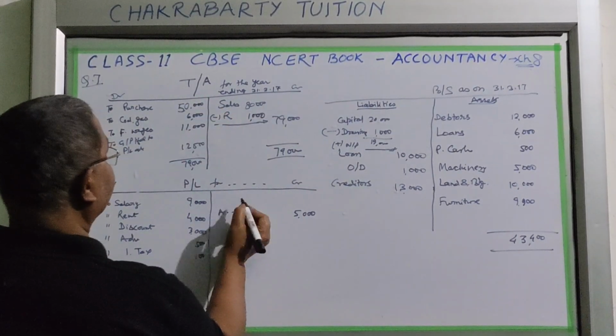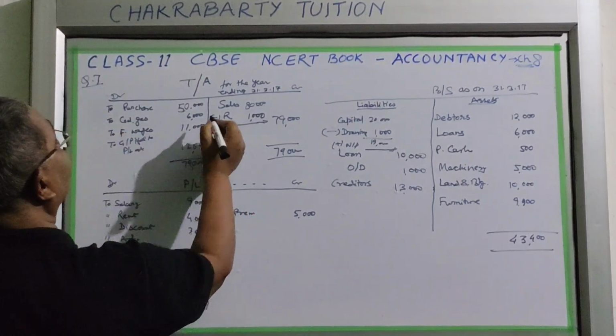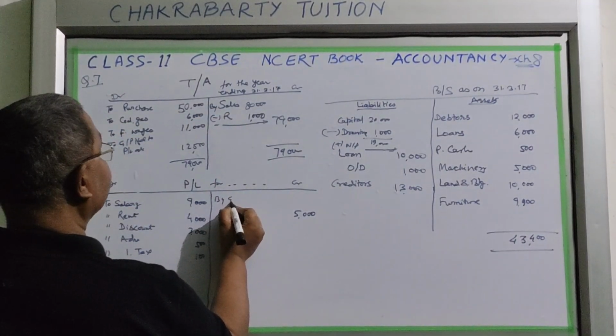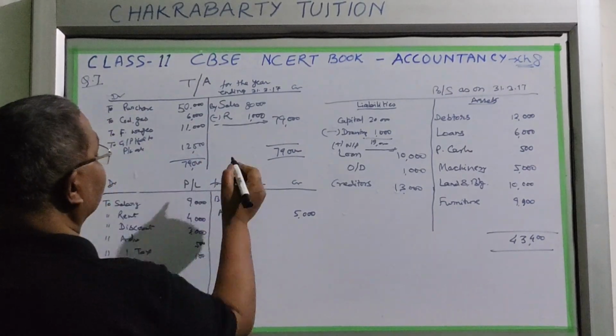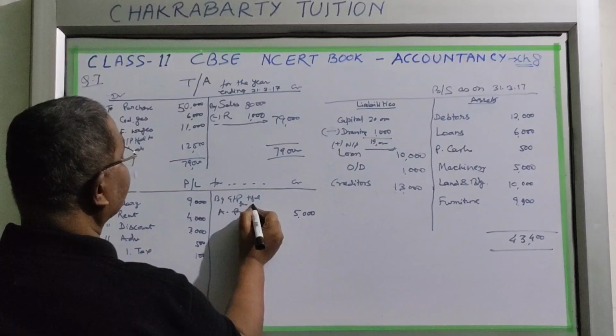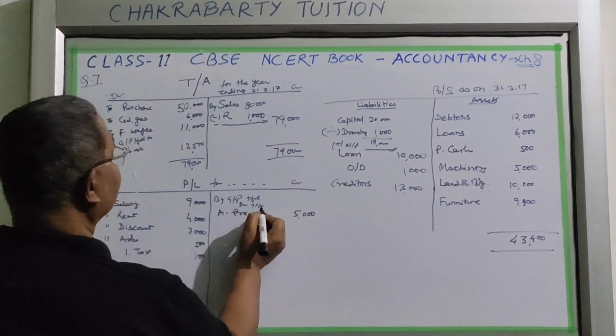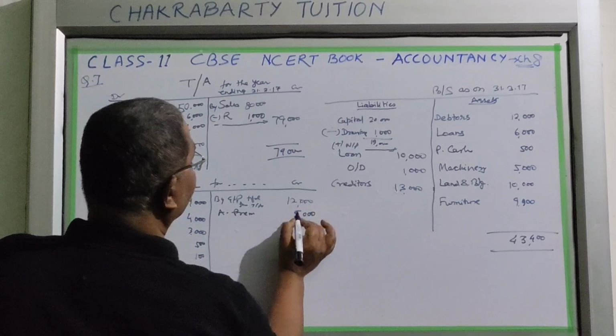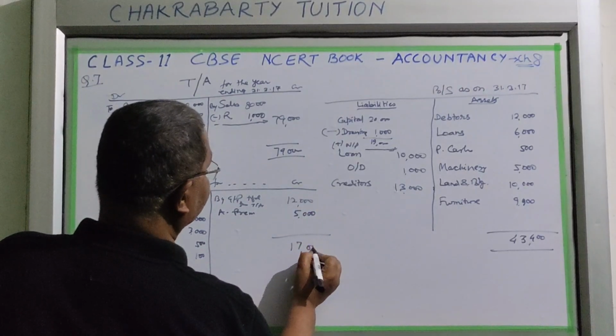Okay, so here it is to and by. Of course, you have to write by. So by GP transferred from trading account, 12,000. So this side is your 17,000.